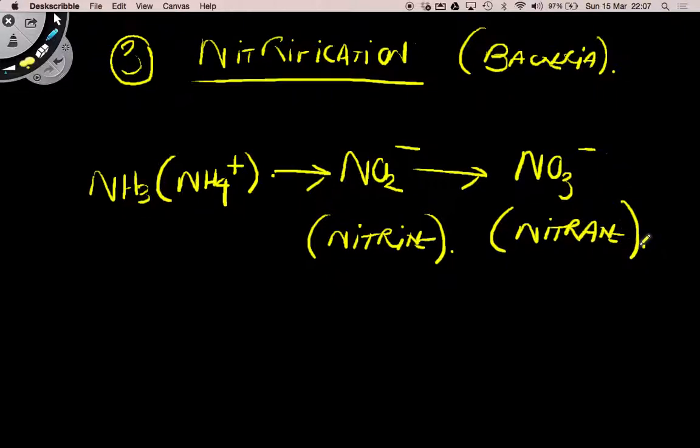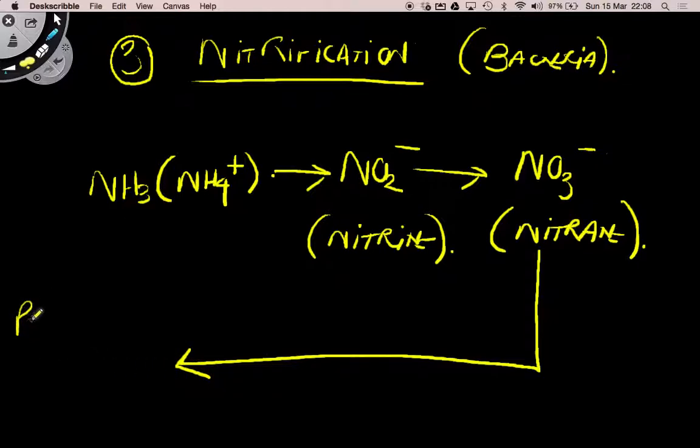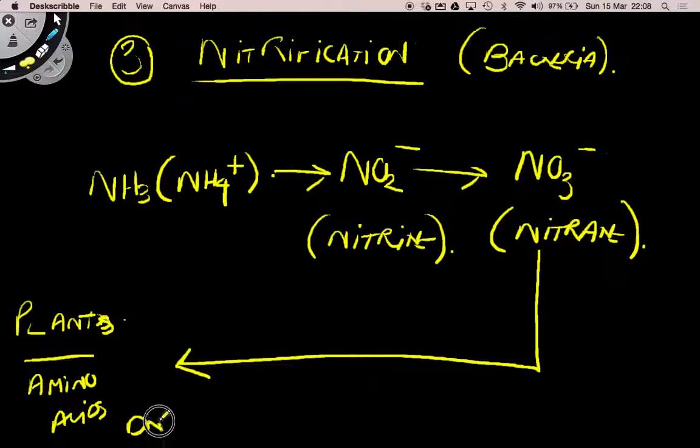Now the interesting thing about nitrate, and nitrite to an extent, is that this is now freely available to plants. They can take this nitrate in through their root system to be able to manufacture amino acids, proteins and DNA, and all of the usual stuff that contains nitrogen, through a process called assimilation.